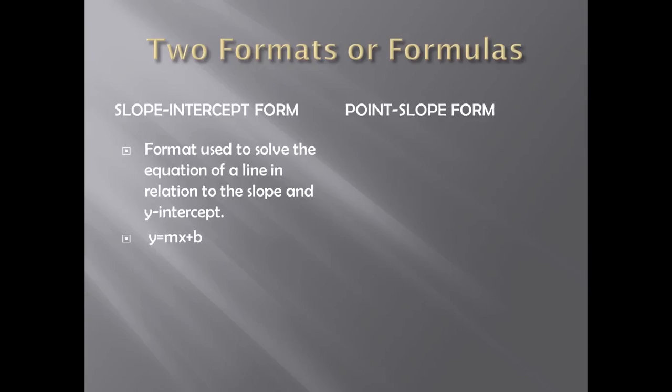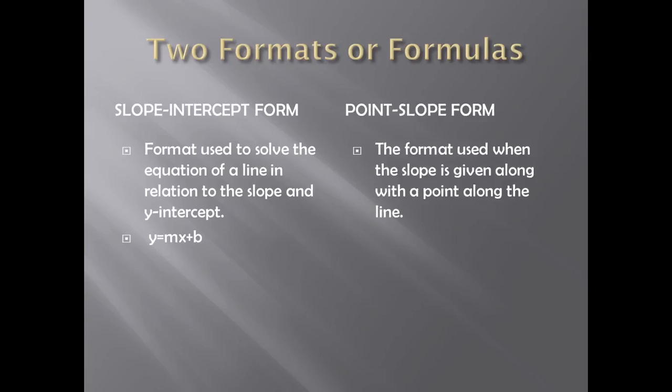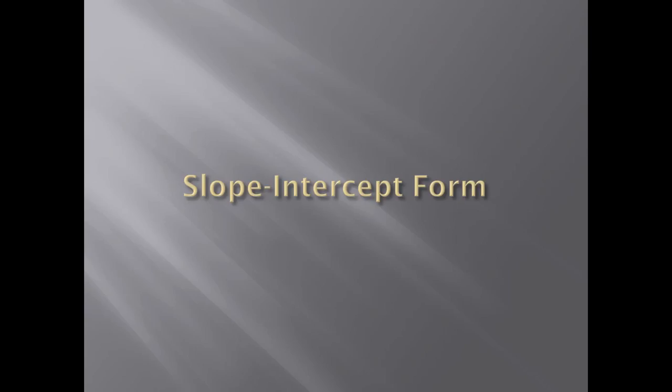And there's also the point-slope form, which is the format used for an equation of a line that has a slope but is also given with a point along that line for you to solve the equation. Usually that format is y minus y1 is equal to m times x minus x1. So we're going to talk about both. The first is the slope-intercept form.